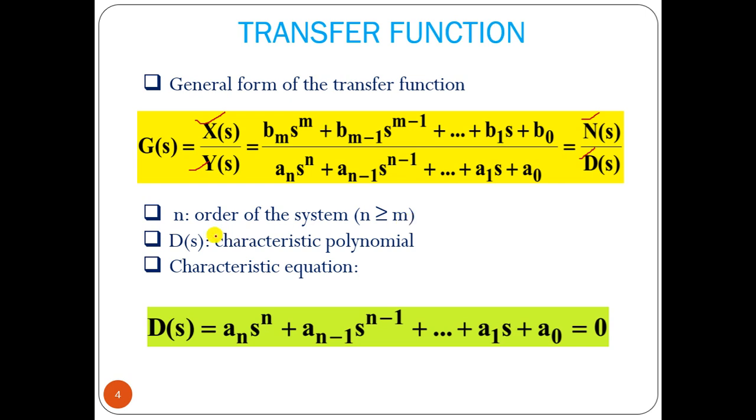The order of the system is the maximum power of s in the denominator, and denominator polynomial equal to 0 is known as the characteristic equation, and D(s) is known as the characteristic polynomial.